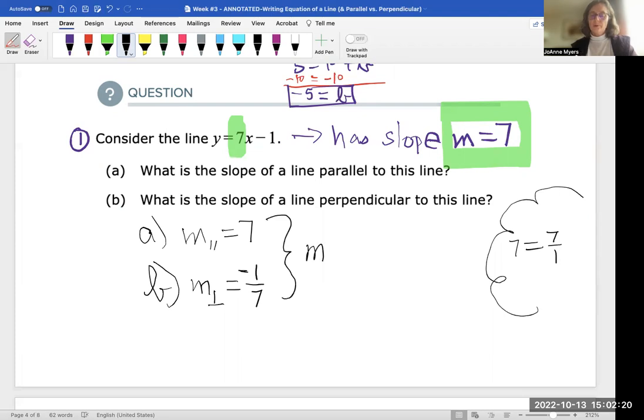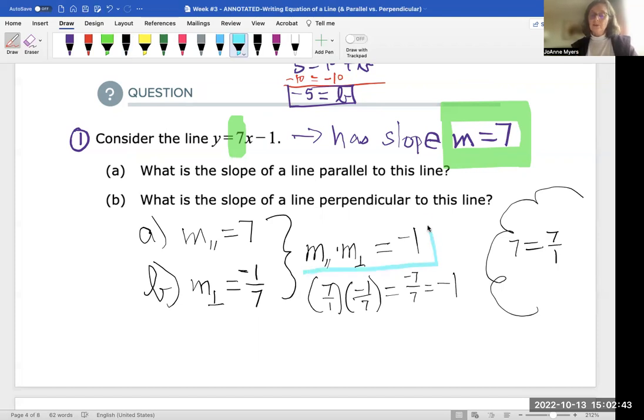If you're going to multiply your slope parallel times your slope perpendicular, you will get an answer of -1. 7 times -1 over 7 is -1. So, cool trick about perpendicular slopes. When the lines are perpendicular, the slopes are negative reciprocal.